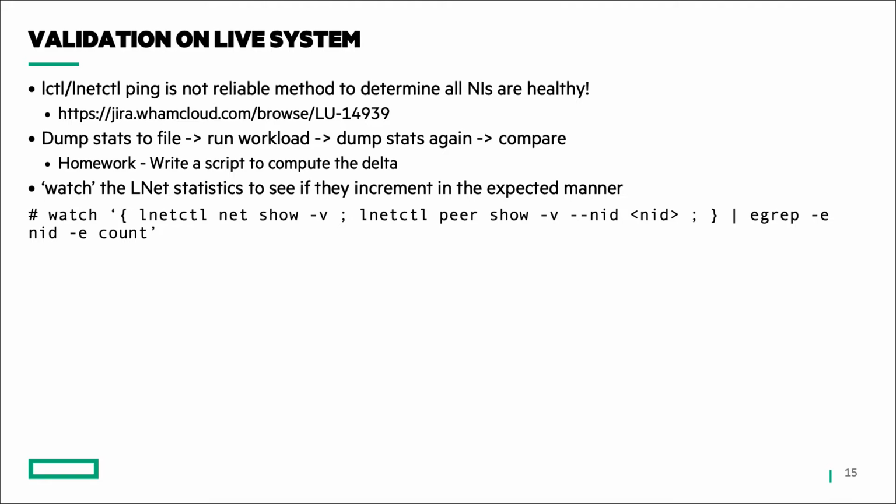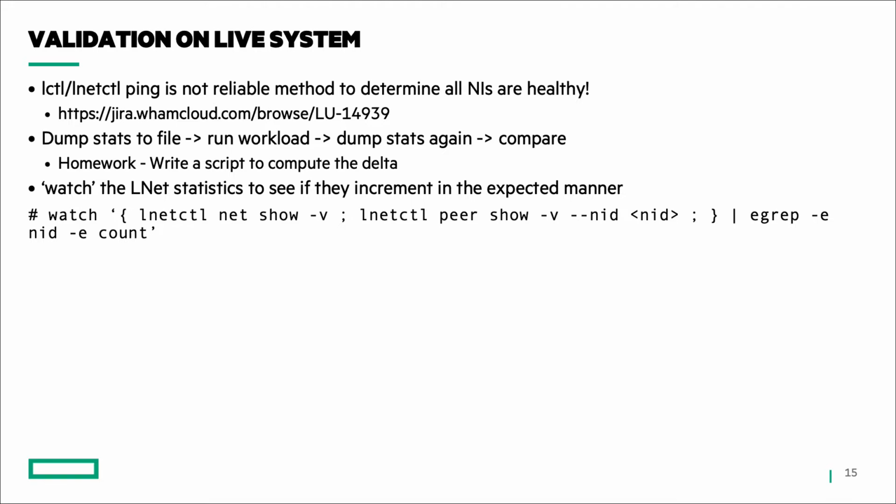And then that will also fix the destination interface so that the multi-rail selection algorithm won't be run there. So you can be sure that the specific local and destination interfaces are what will be used in the ping, and that helps you verify that you have connectivity between all of the available NIs.